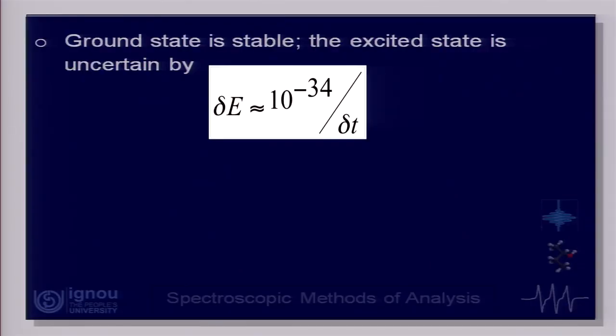On the other hand, when I give energy and the system gets excited to a higher energy level, the molecule does not stay there for very long, it has to come down. So there is a certain amount of lifetime which it spends there, called delta tau, delta t. As a consequence, the excited state becomes uncertain.